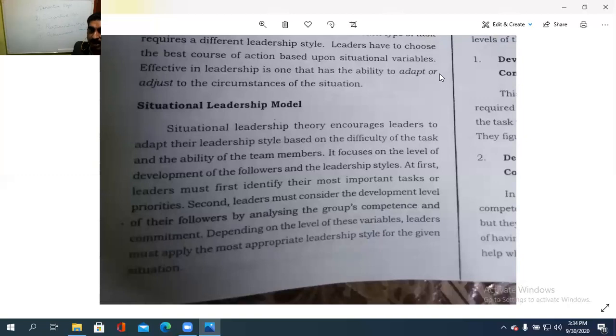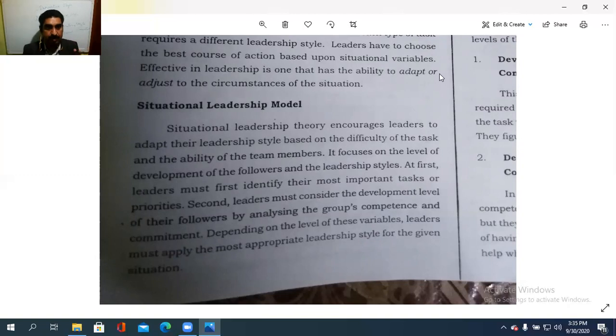Firstly, leaders must identify their most important tasks on priority basis. Priority means importance; leaders need to identify their works in order of priority first. Secondly, they must consider the development level of their followers. How capable the followers are, by analyzing their group competence and commitment towards work, commitment towards achieving the goal.